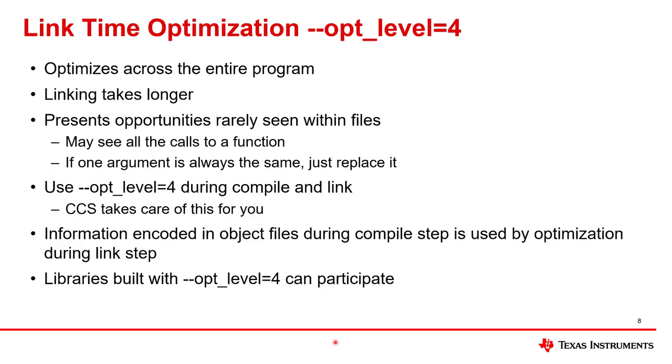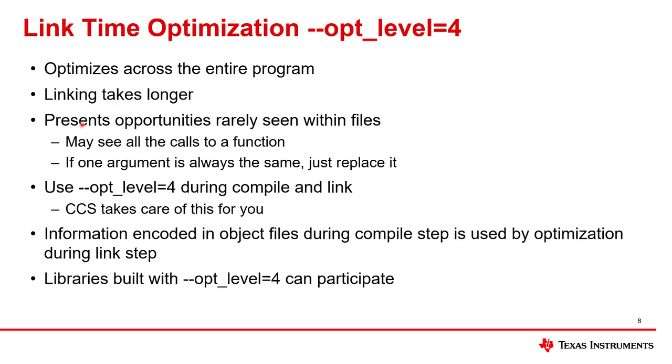Here are some details regarding opt_level 4, also called link time optimization. It optimizes across the entire program. What's happening is, as part of the link, additional optimization passes happen. It takes a bit longer, something to expect when you're doing this.